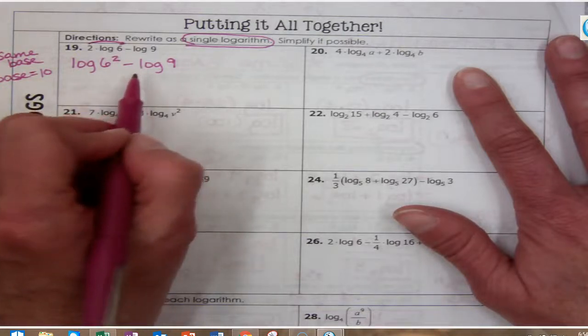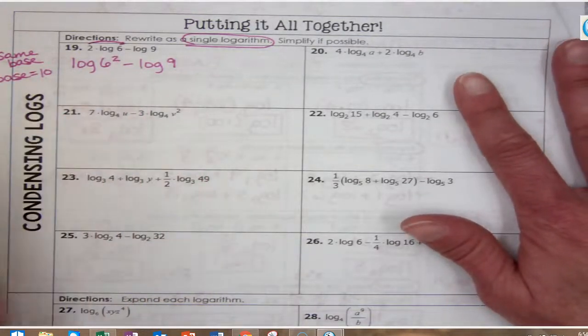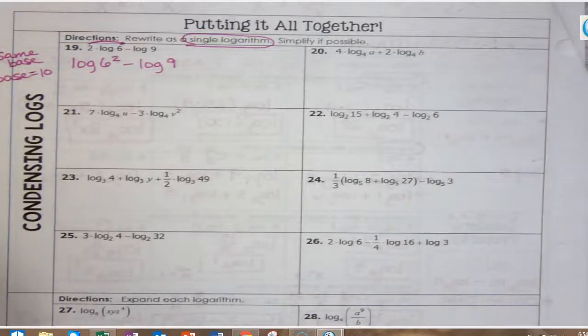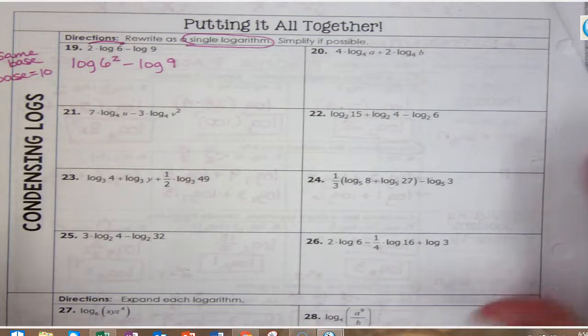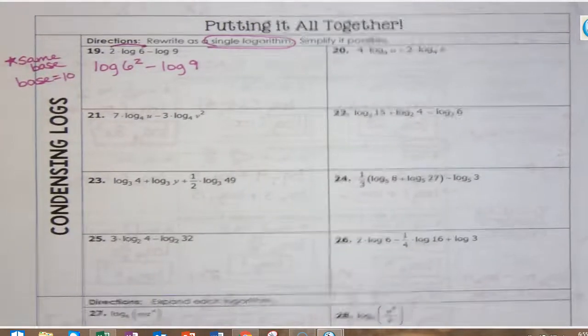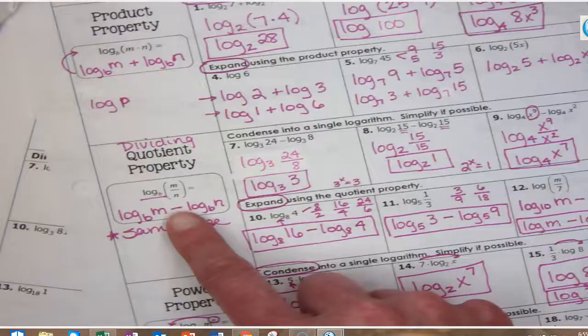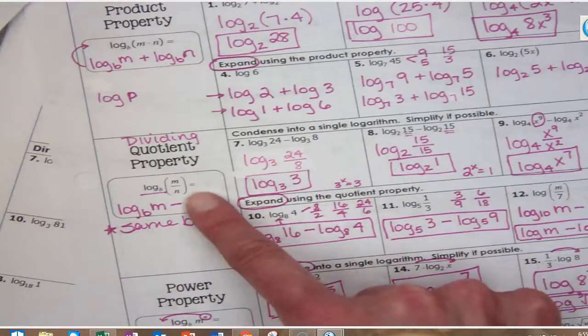I'm subtracting, so when I look at my cheat sheet and flip back over, I know that when I'm subtracting, I'm actually going to divide.